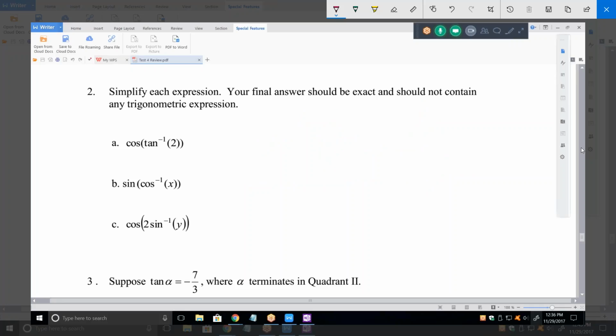What's my first step on B? Draw the triangle. Okay, and not really my first step, but that's fine. Now what? Inverse. I have to recognize, what is the inverse cosine of x? Is that a ratio? Is that an angle? What is it? X over 1.